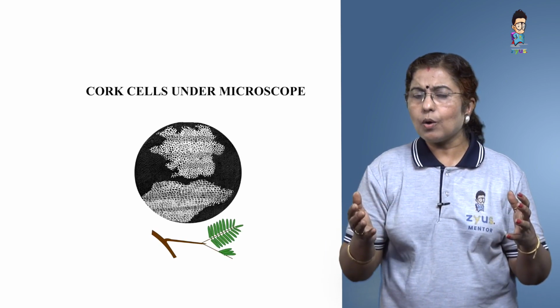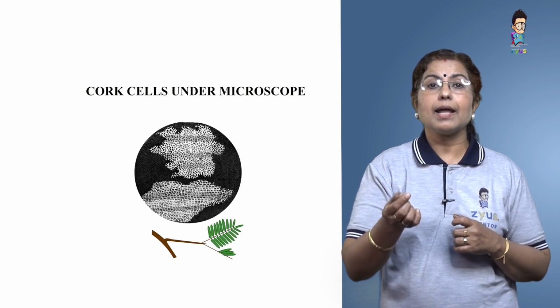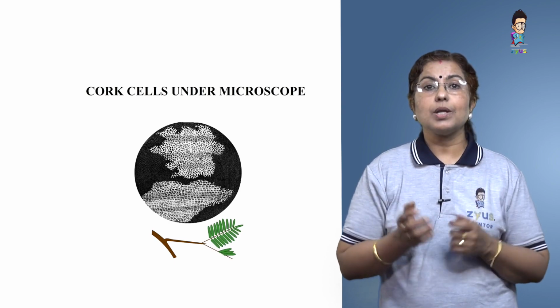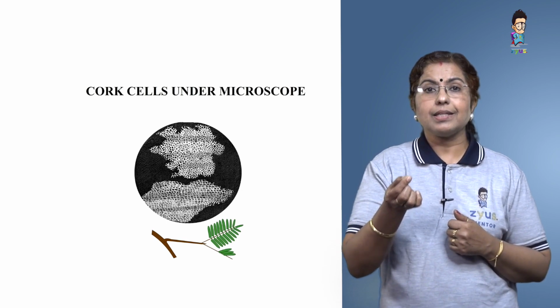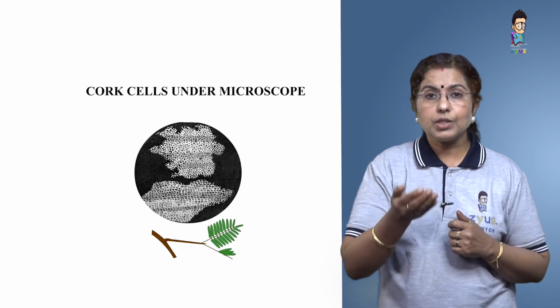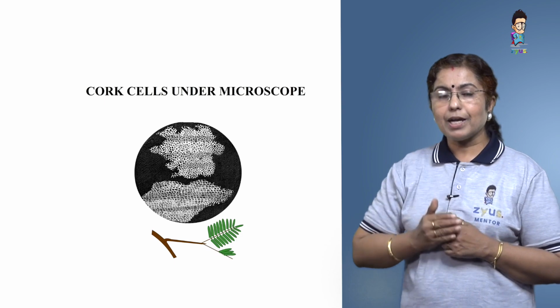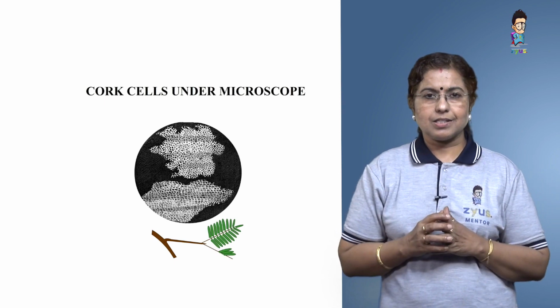Do you know what is cork? Cork is a dry wooden piece. It is actually the bark of the plant. So he took a thin slice of cork and put it under the microscope. It is made up of box-like structures.